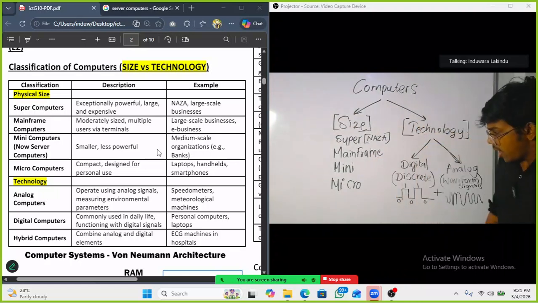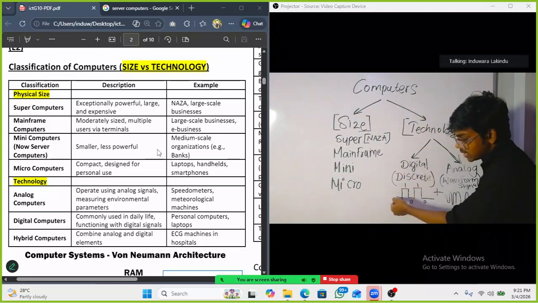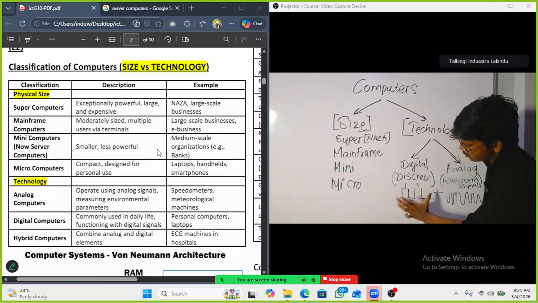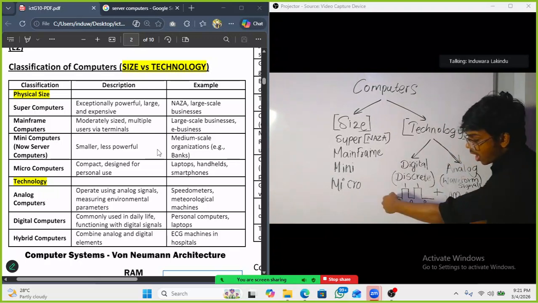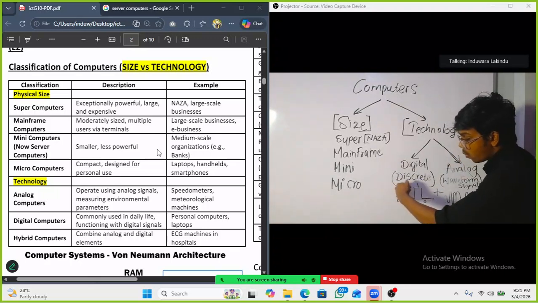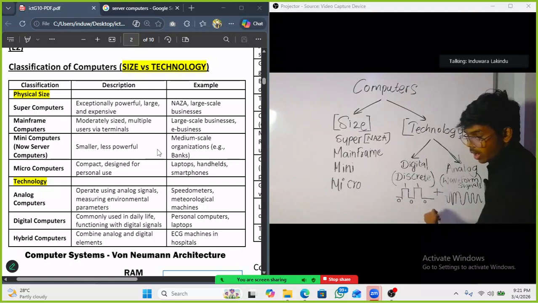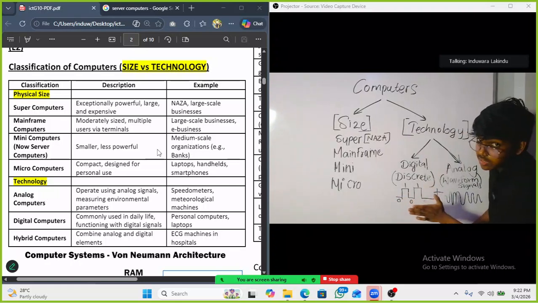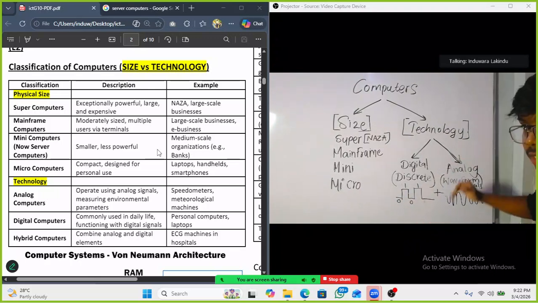Digital signals means inside the computer, the signals travel as discrete values. Discrete values mean high and low signals, 0, 1, 0, 1. This is very easy for the computer, and very fast. Digital signals, right? Analog signals are the other way.